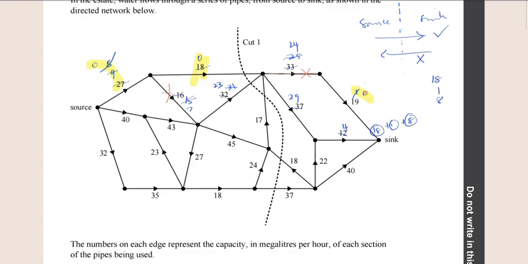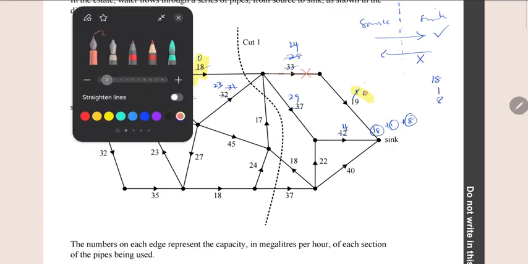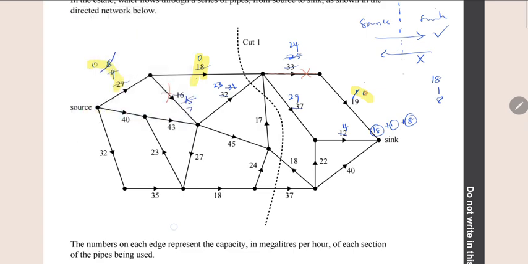So now let's look at the remaining edges. We can see that 4 is a small value here, and so we can actually look at this path, okay, and it's no use going here because we have a backward flow here.